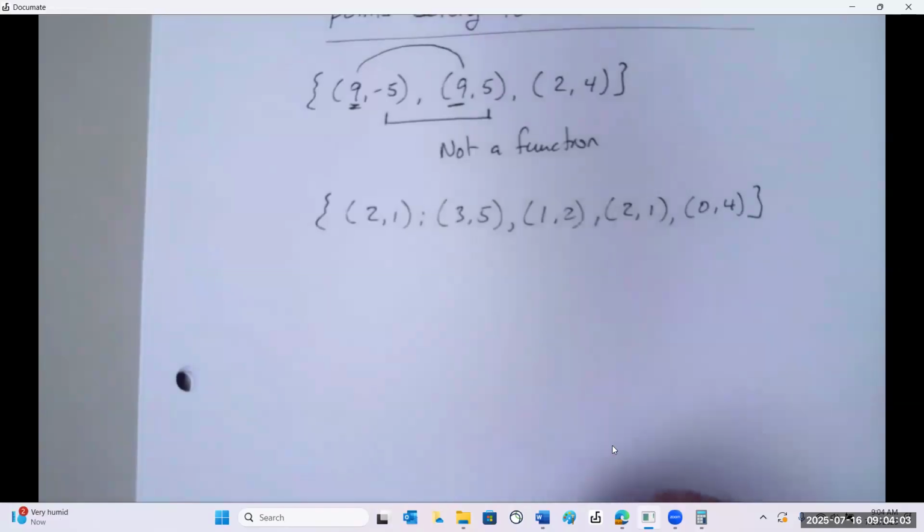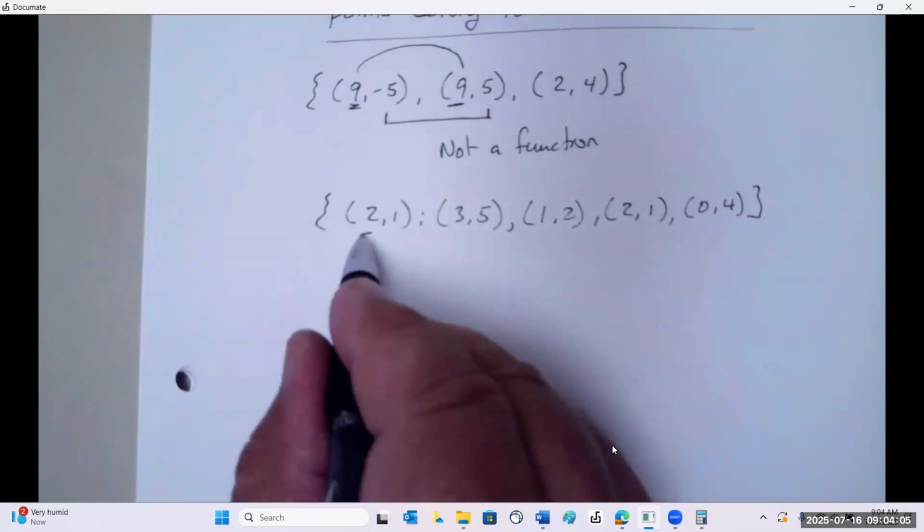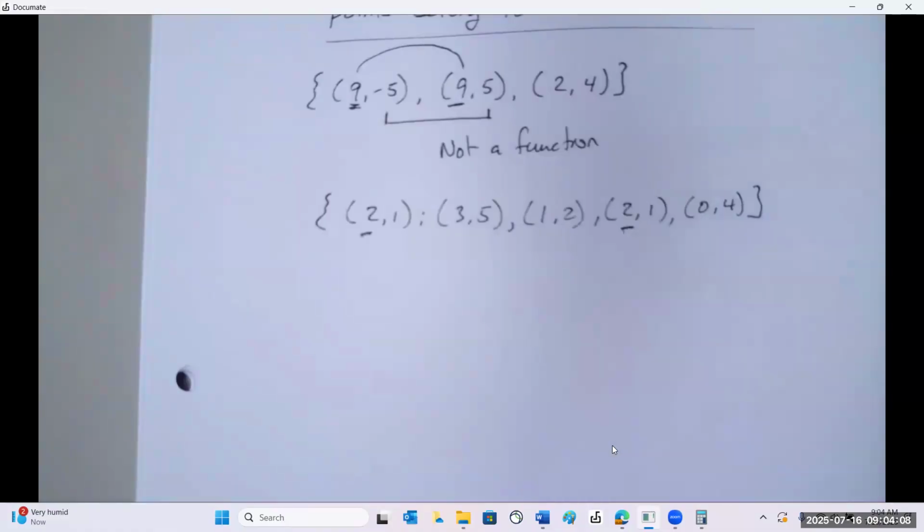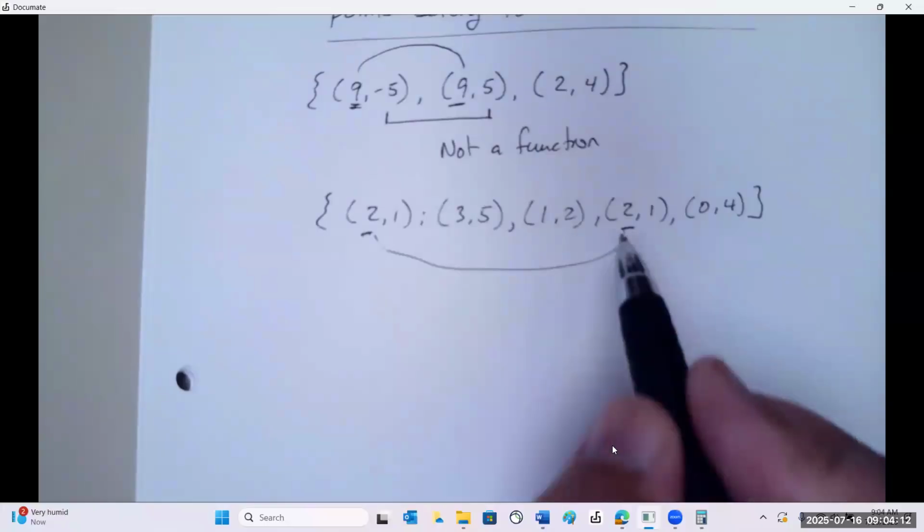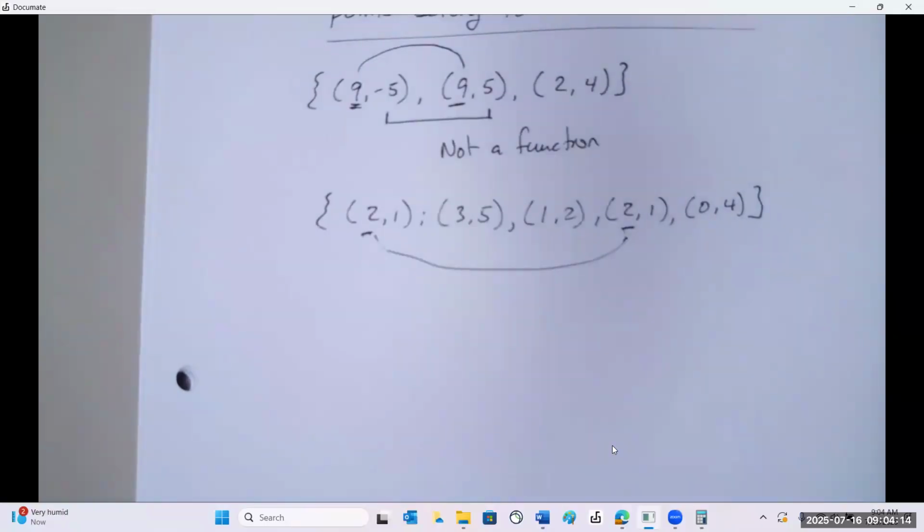Are there any numbers that have the same x value? This one and this one. Are the y's different? No. So they're the same point. So this is a function.